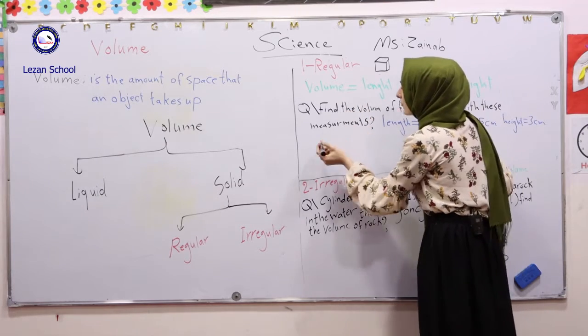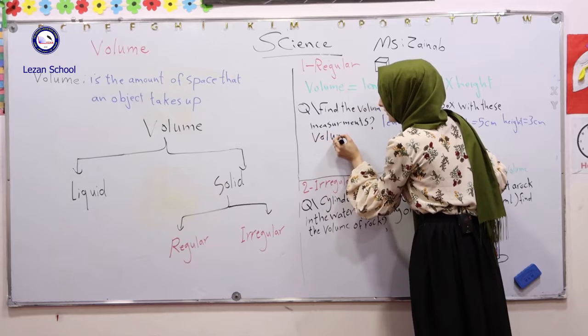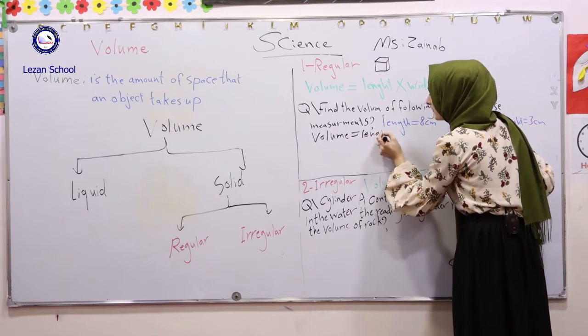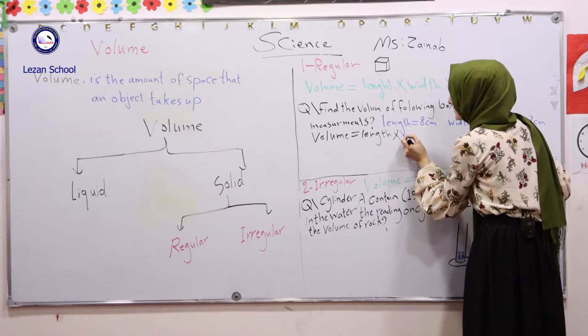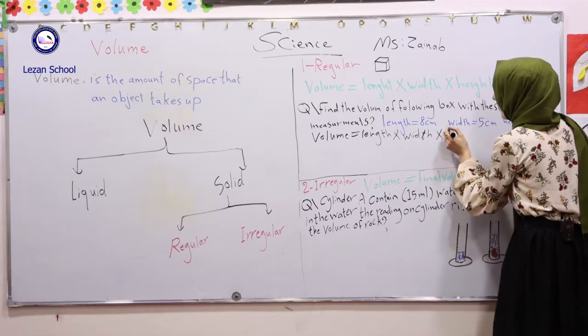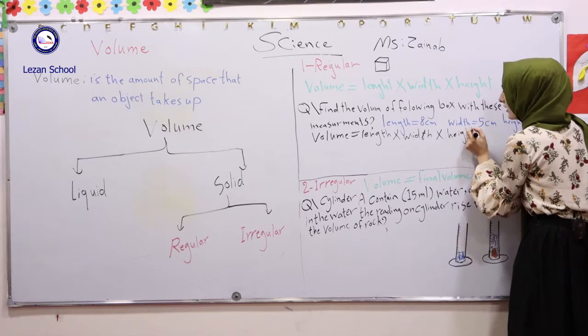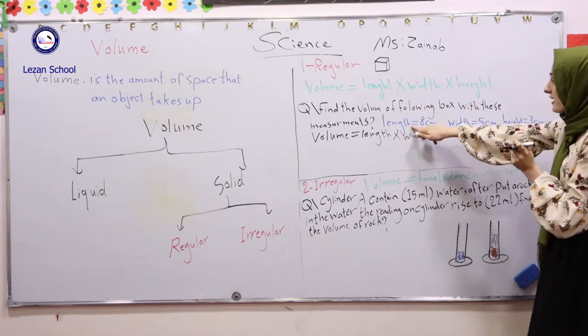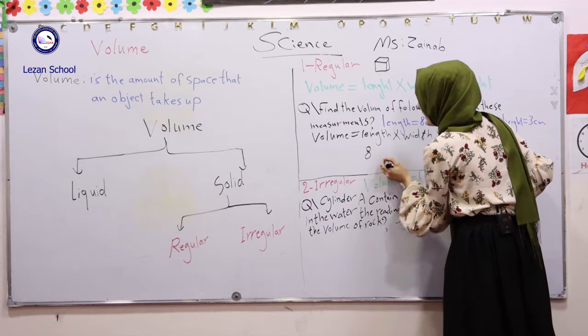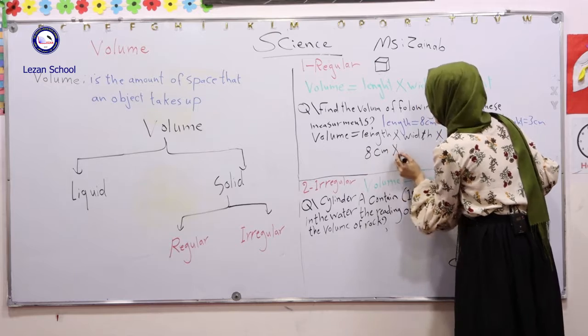Use this one. Volume is equal to what? Length multiplied by width and multiplied by height. We have the length of this box, 8 centimeters, multiplied by width.